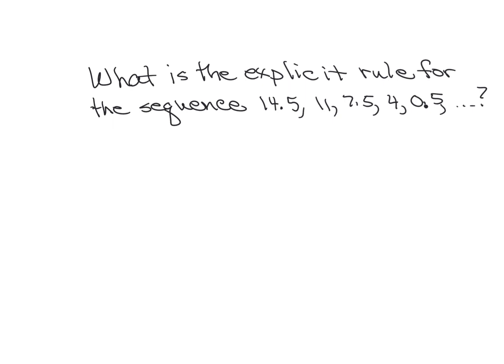All right, on this one, it asks for the explicit rule for the sequence. We have to know which formula that is, and the explicit rule is the formula a sub n is equal to a sub 1 plus n minus 1 times d. In order to write that rule, I have to know three things. I have to know what a sub 1 is, and a sub 1 is going to be the first term, which is 14.5.